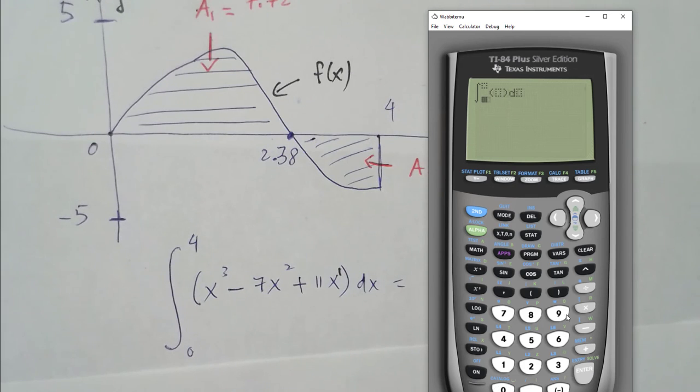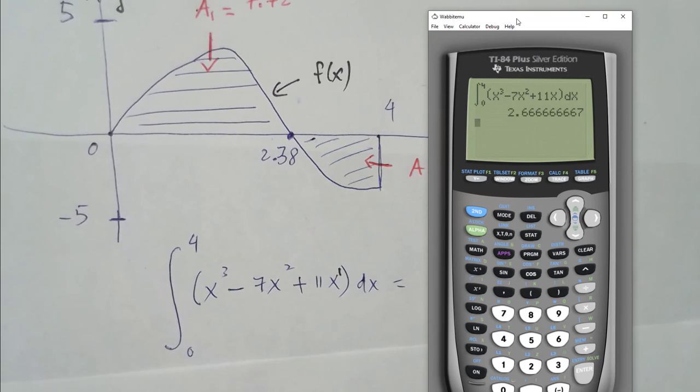This is from 0, and then we go up to 4. For the function, x is this button here, x to the third power, minus 7, x squared, and plus 11x, and then dx. Don't forget the variable dx here, because we are integrating the whole expression with respect to x. Then press the enter key.